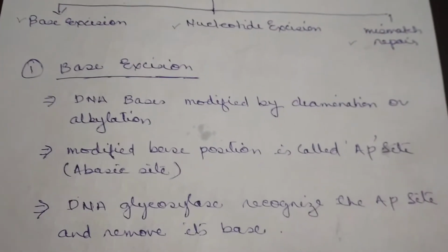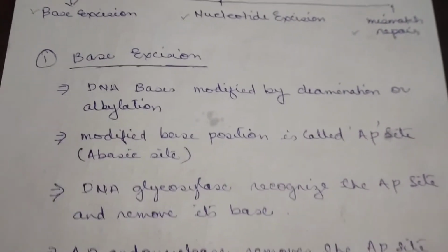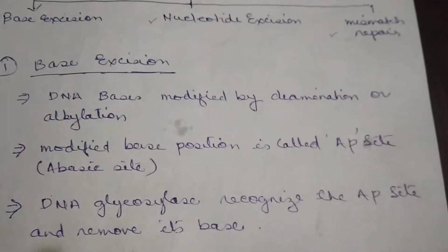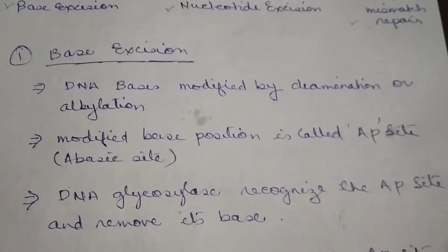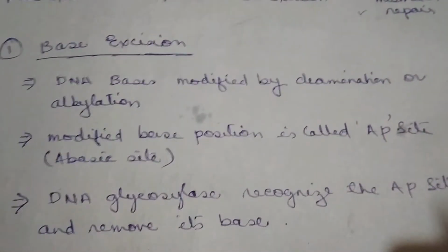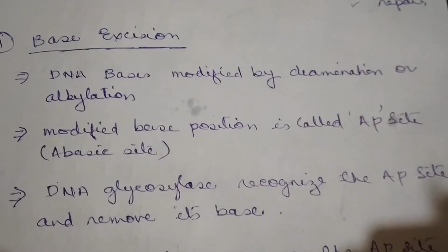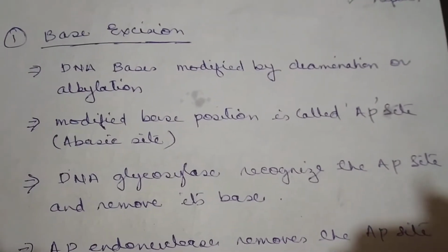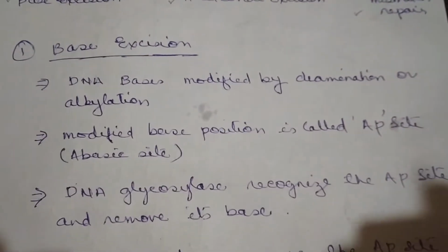Now, the first step in this base excision repair, as the name itself means, is that the base is excised. So the base is excised by an enzyme. The first step is the enzyme glycosylase recognizes this damaged base and removes it.